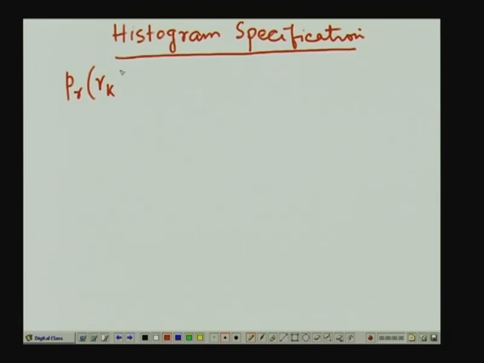p_r(r_k), which as we have seen is nothing but n_k divided by n, where n_k is the number of pixels in the given image with an intensity value equal to r_k, and this we compute from the given image which is to be processed.